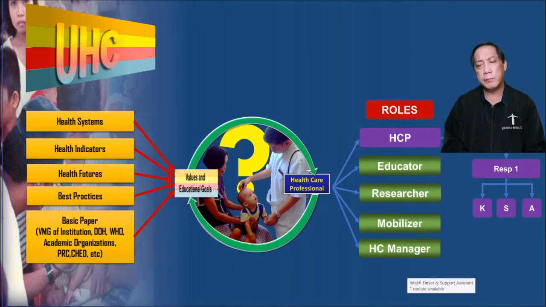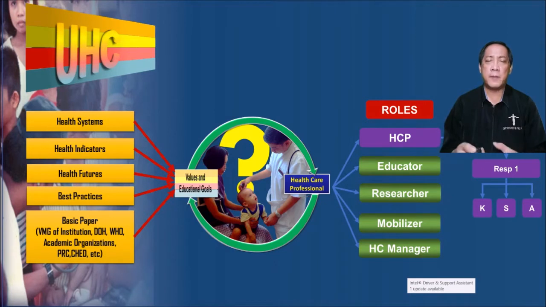Or are these roles present or should be performed in any setting? Being in a community does not exempt you from being a good healthcare provider. And by the same token, being in a hospital does not make being an educator less important.